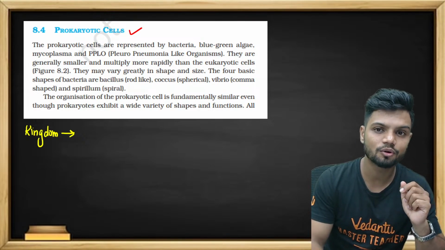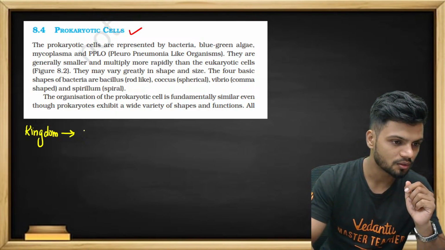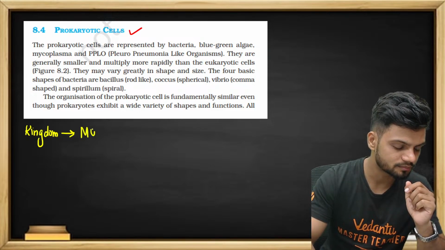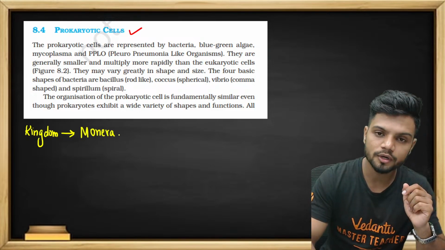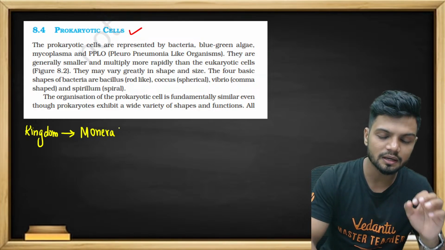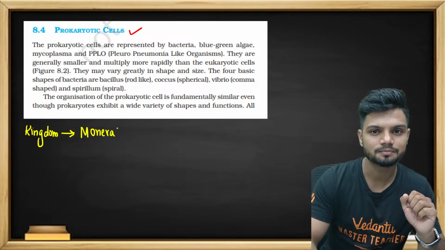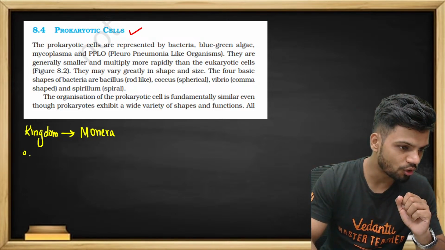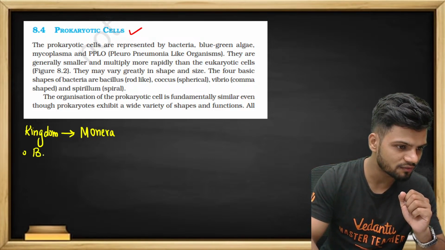The first kingdom, called kingdom Monera, should come to your mind. Protista are eukaryotes, unicellular eukaryotes. But kingdom Monera is prokaryotic in nature. Under kingdom Monera, you should always think first of bacteria, the famous ancestor.